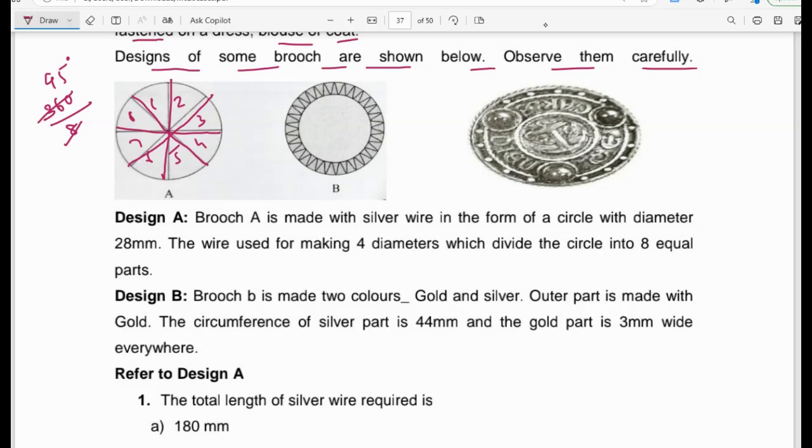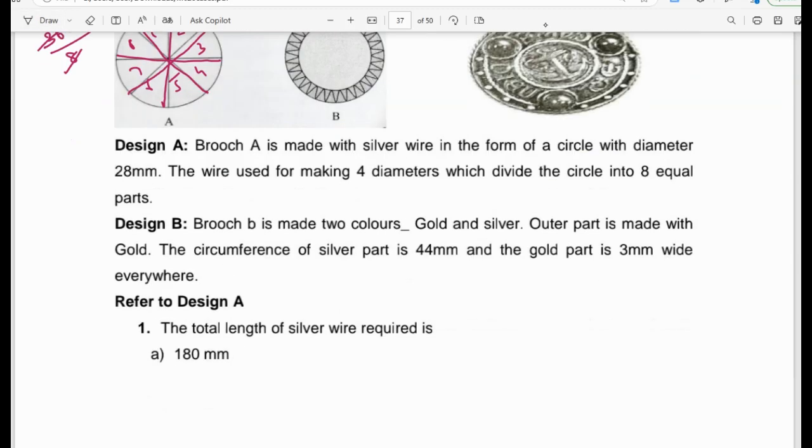Brooch B is made up of two colors, gold and silver. The outer part is made with gold. The circular path of the silver part is made up of 44 mm, and the gold part is 33 mm wide everywhere. So what is the question we have?